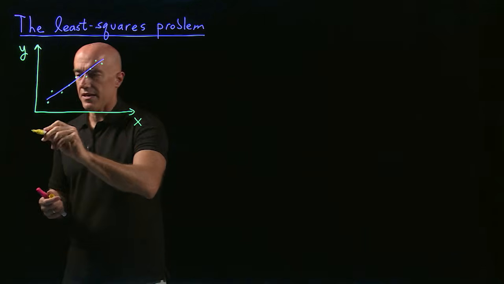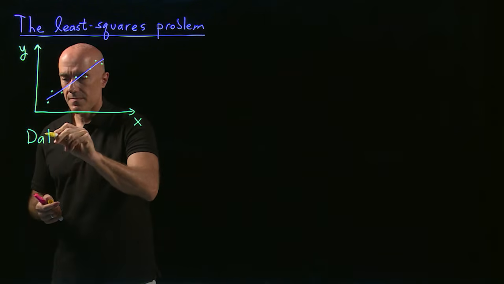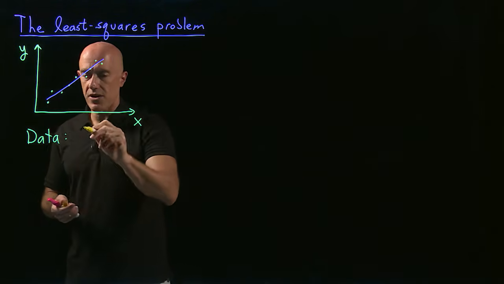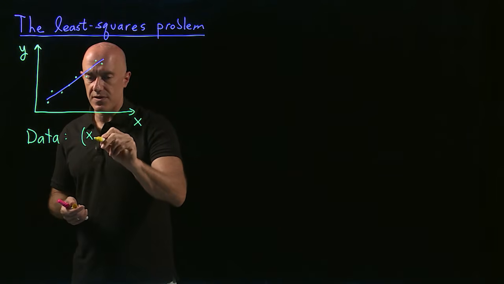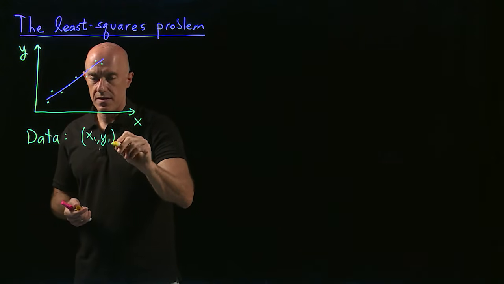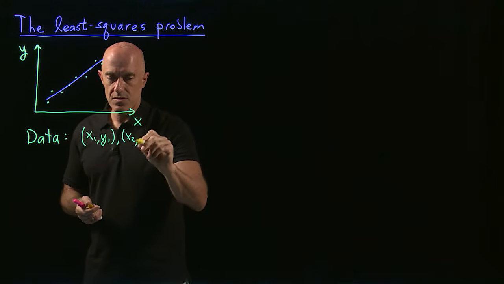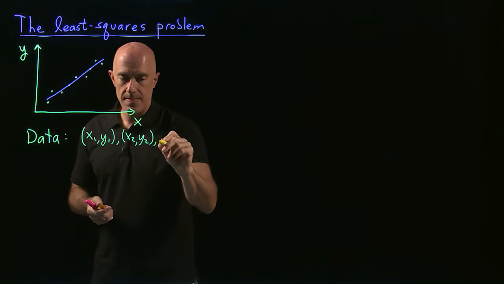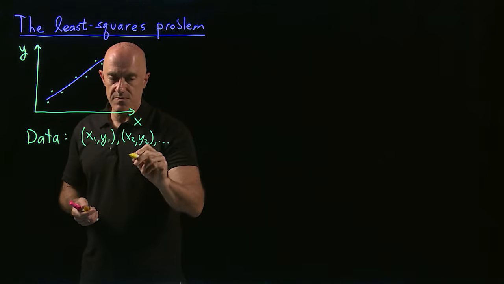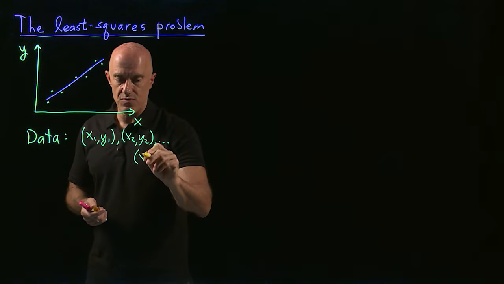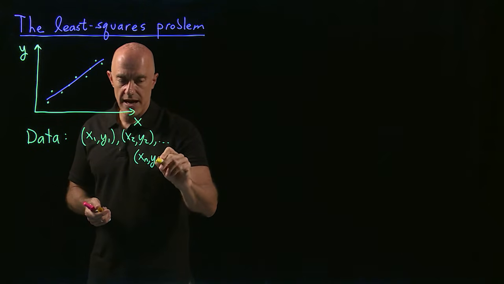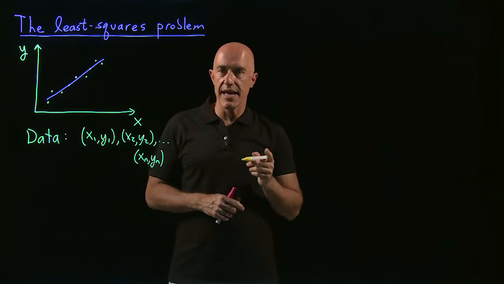So we have data. The data I'll write as values of x1, y1, x2, y2. And then we have n data points, so the last data point will be xn, yn. So those are our data.